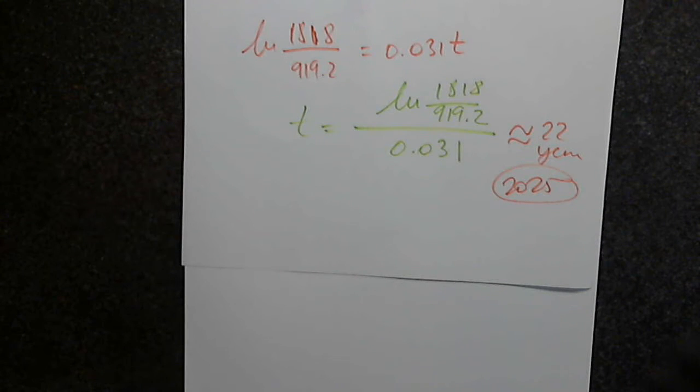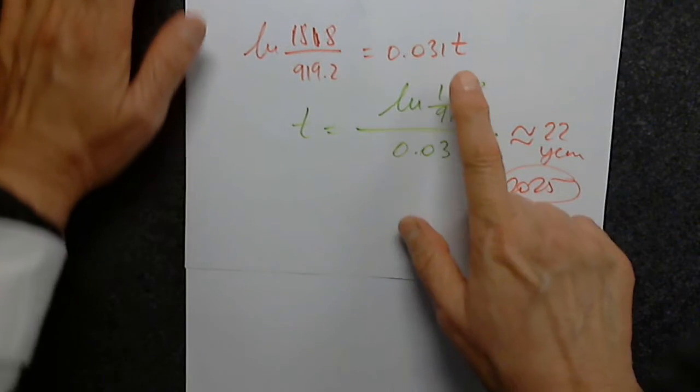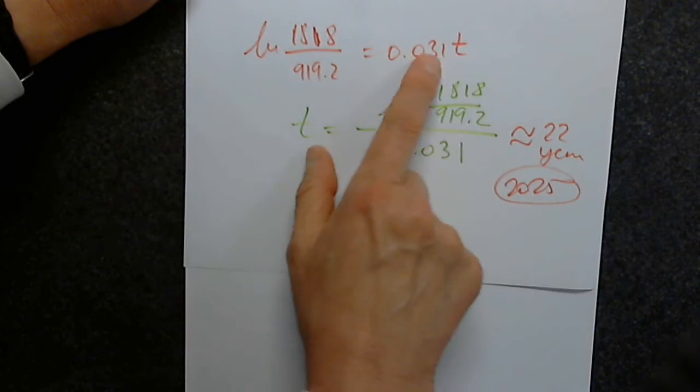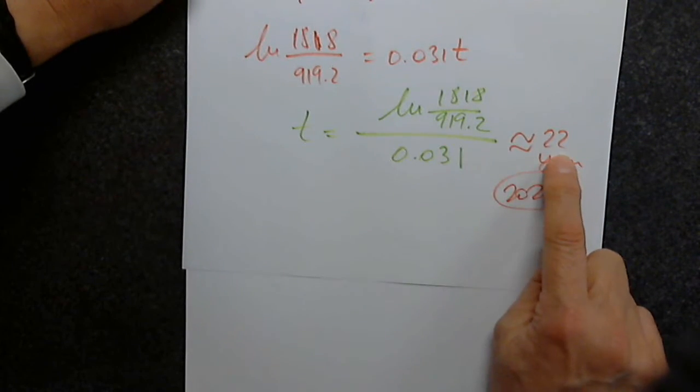I'm trying to figure out what we just saw, because we didn't do anything with T. We found T. So T is right here on this side, and I have to divide by this number. So this divided by this. This number is 22.